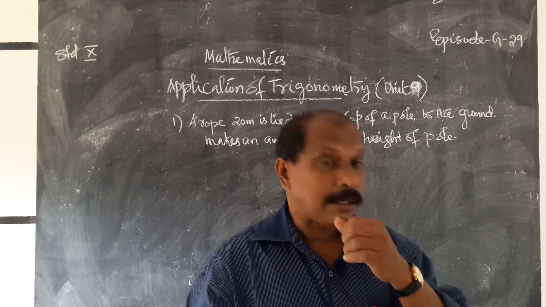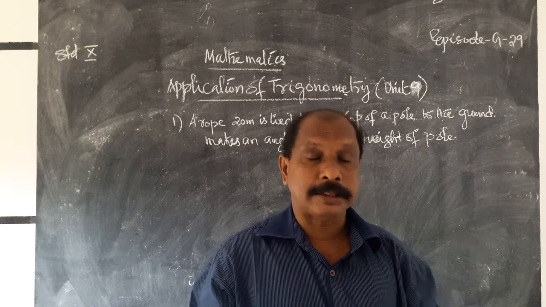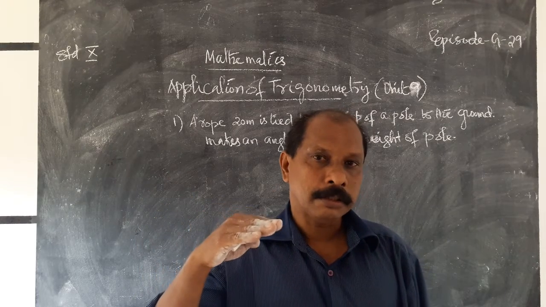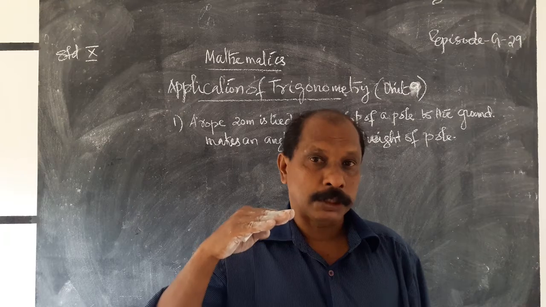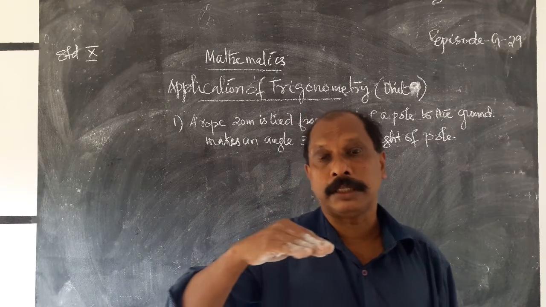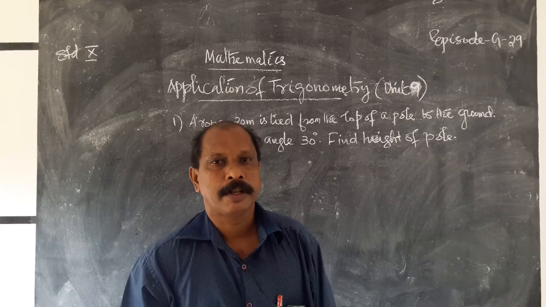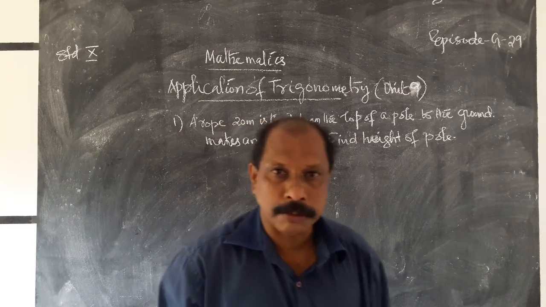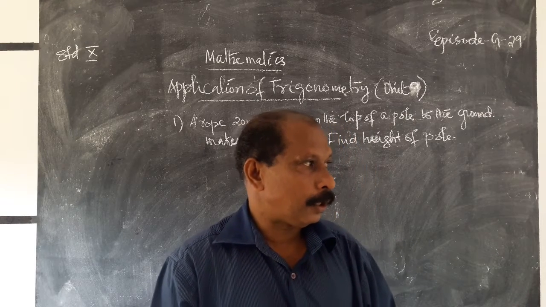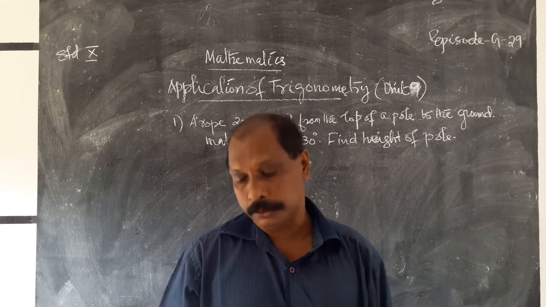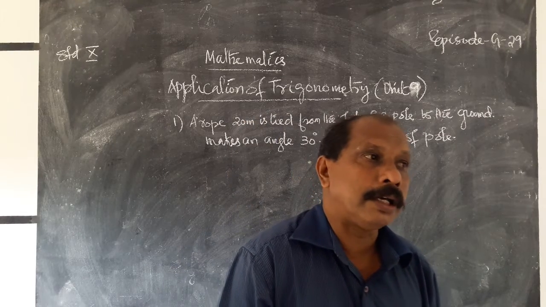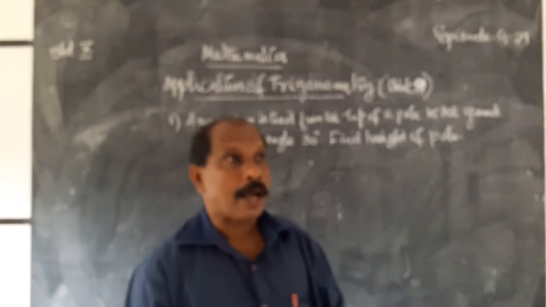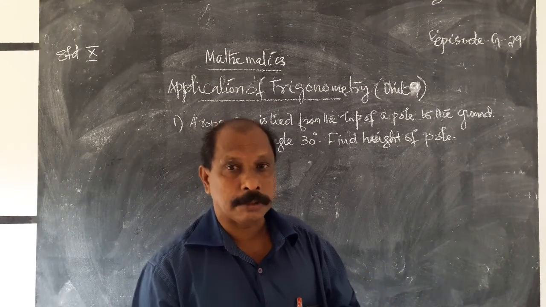Then the line of vision is always parallel to the ground. The angle of that vision above the horizontal is known as the angle of elevation, and the angle of vision below the horizontal is known as the angle of depression. Therefore, to find out the height or distance, consider only sin theta, cos theta and tan theta, and also the angle of elevation and the angle of depression.